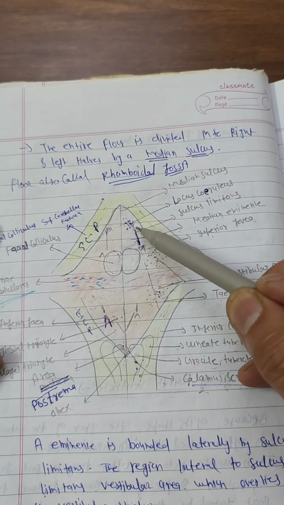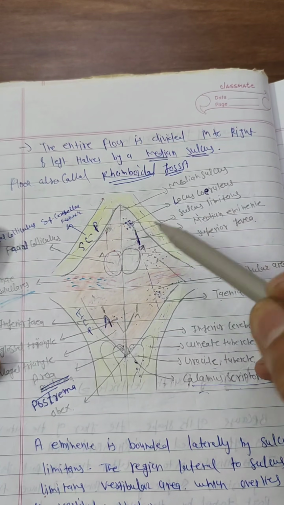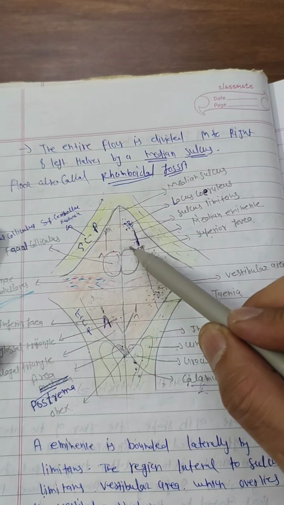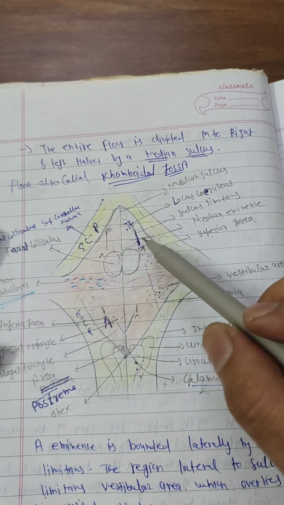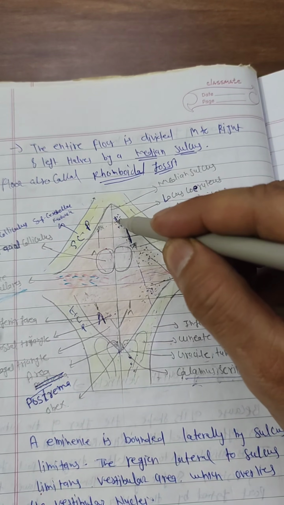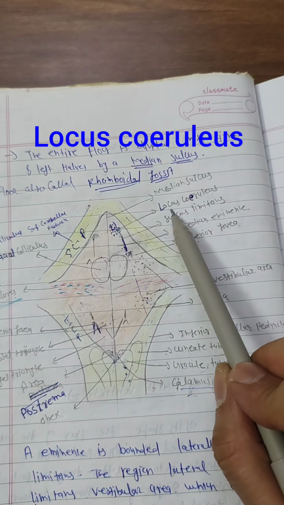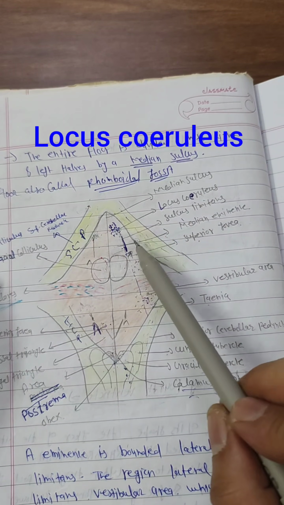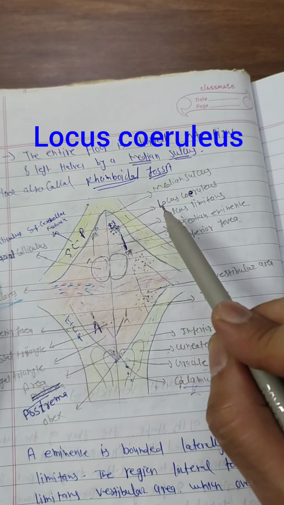Near the median sulcus we have another sulcus, the sulcus limitans. Medial to it is the motor area, and lateral to it is the sensory area. Above the sulcus limitans we have a bluish area known as the locus coeruleus.